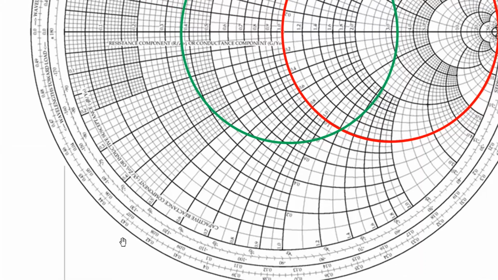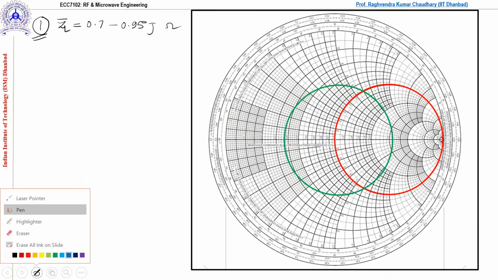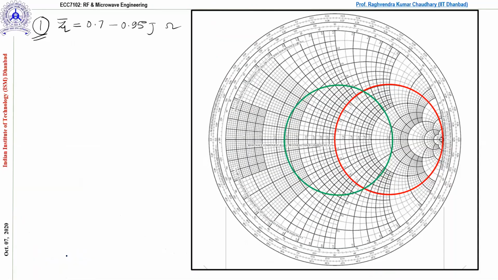So now let us mark these things. 0.7 is this point, and 0.95 is this point. Okay, so this circle and 0.7. So this is 0.6 and this is 0.7. This is somewhat here. So this is the point.